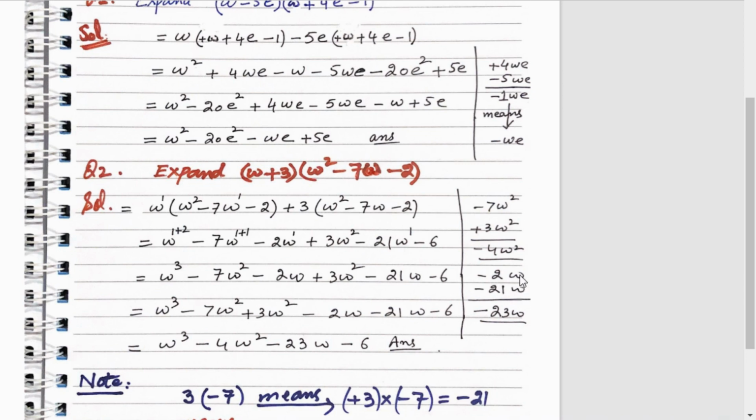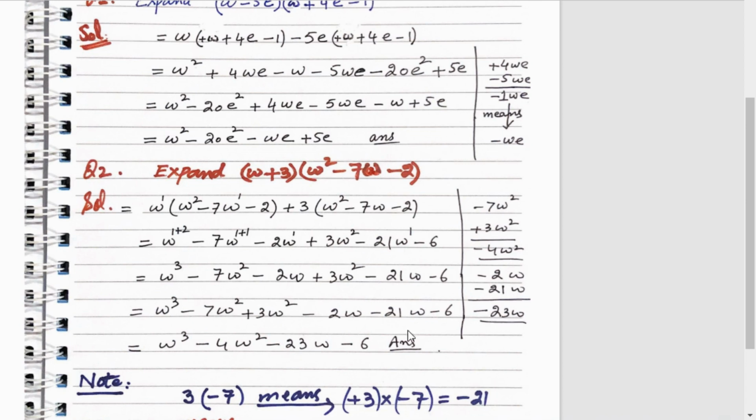We will not add up their powers. Once again, I'm telling you, keep it in your mind: in addition and subtraction, we will not add up the powers of the variables. Only in multiplication, we will add up the powers of the variables. In addition or in subtraction, the same variable which is written with both the terms will come as it is: minus 23w.